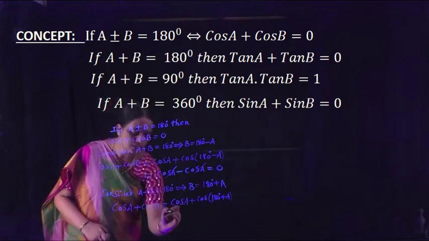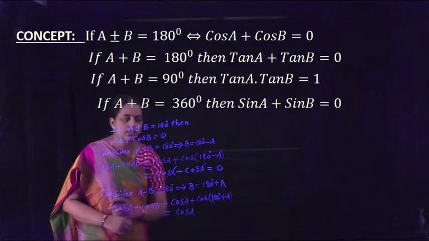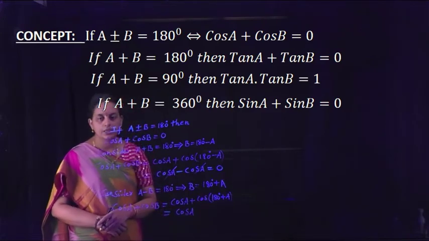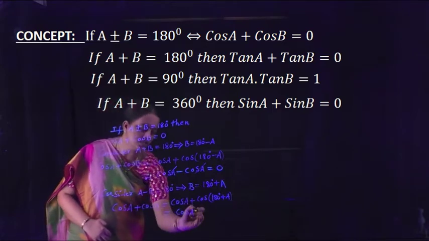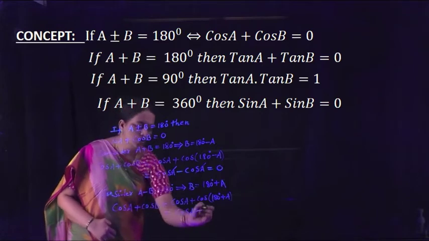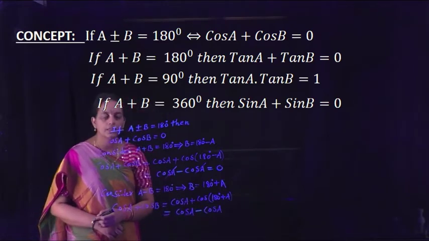This is equal to cos a plus cos of 180 plus theta. 180 plus theta lies in the third quadrant. In the third quadrant, cos has negative sign. So, cos of 180 plus a means minus cos a.